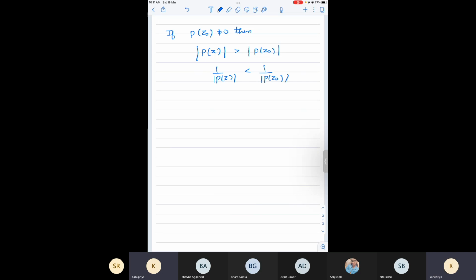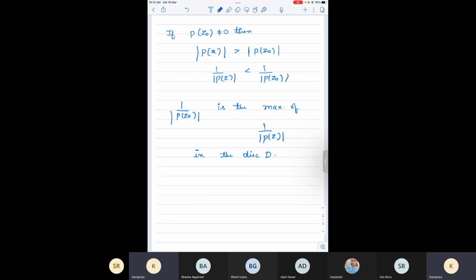If it is non-zero, then we can say that 1 by mod P(z naught) is the maxima of 1 by mod P(z) in this disk D. Is it fine?